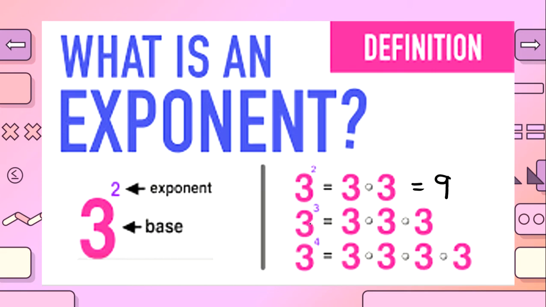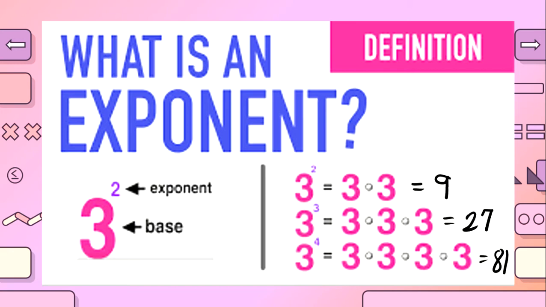Another example, 3 cubed, or 3 raised to 3, in expanded form is 3 times 3 times 3, and the product is 27. It's not 3 times 3, but rather you have to multiply 3 by itself 3 times.